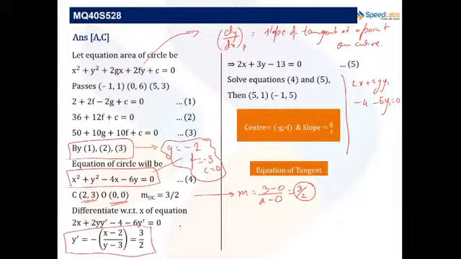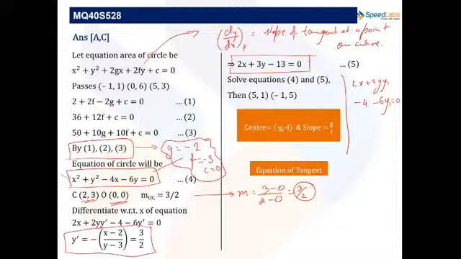And equating this slope with 3 by 2, we will get an equation in x and y. Now this coordinate x and y lies on the circle, and x square plus y square minus 4x minus 6y equals 0 also has the coordinates x and y, which lie on the circle.